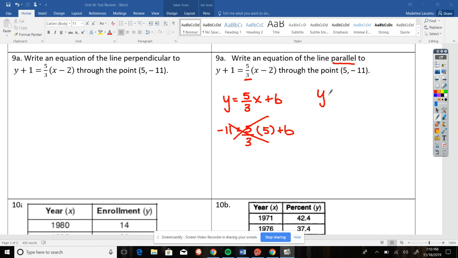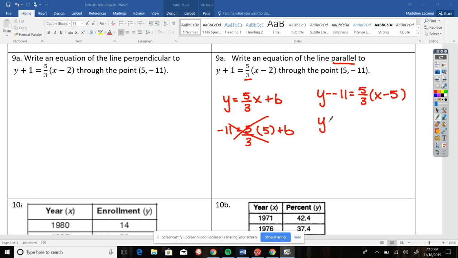So I have y minus, my y1 is negative 11. So minus negative 11 equals 5/3 times x minus 5. And I just realized any way you do this problem is going to be really ugly, so it doesn't matter. We're just going to have to deal with the fractions.